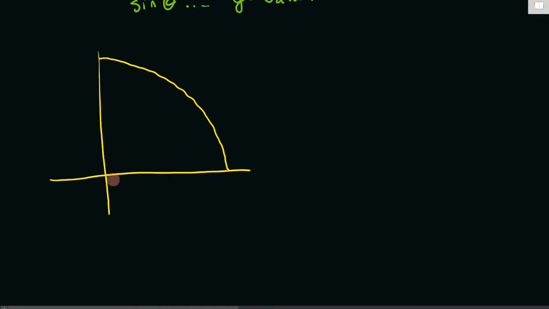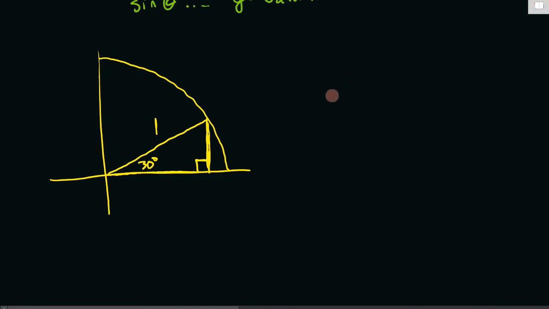I'm only going to draw my first quadrant, sorry. So let's say we've got 30 degrees, and we're trying to figure out this triangle here. If this is 1, is there some way that we can figure out the height and the width of this triangle?